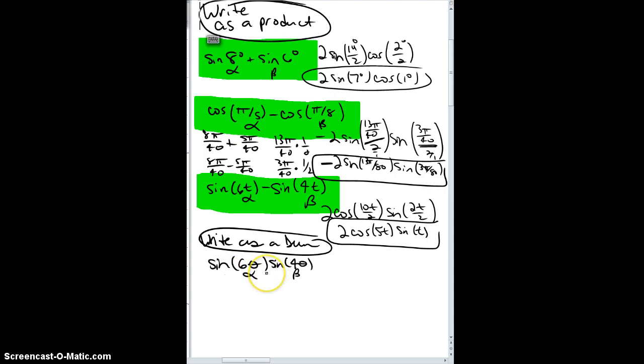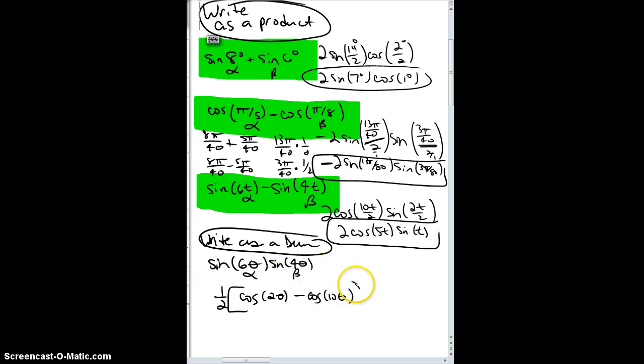So we're going to look at sine of alpha and beta and use one of those half formulas. So we get half, and then I get my bracket, and it's cosine, and I subtract alpha and beta, so that ends up being 2 theta, and then it's minus cosine, and then I add alpha and beta, which is 10 theta.